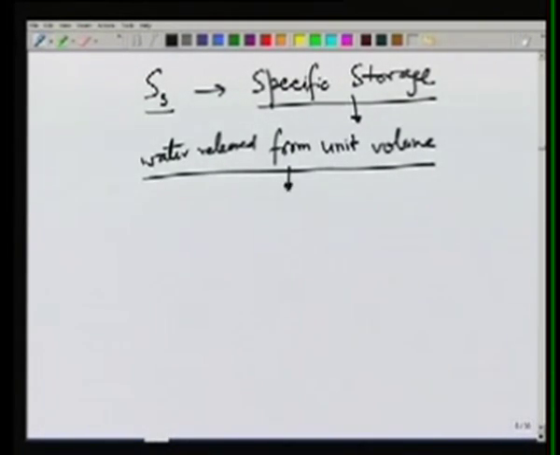So if we compare it with the definition of the storage coefficient, if we divide S by B, we would get SS.